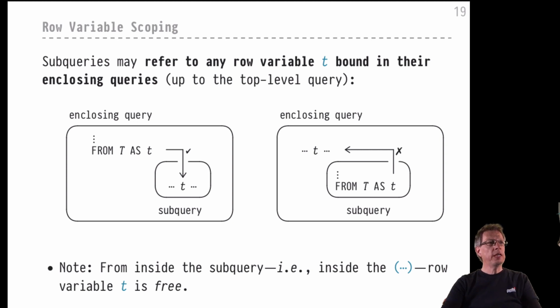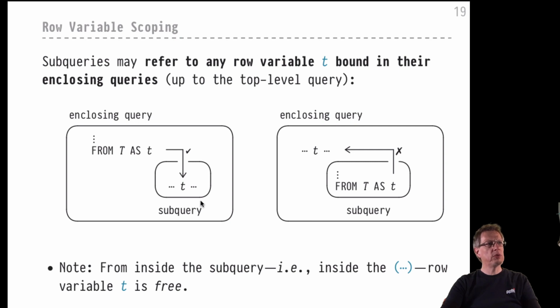Well, any row variable bound in the enclosing query, for example, in the from clause. From clauses are where row variables are introduced. This row variable t is bound to the rows of t. Any subquery that is nested inside this enclosing query will see the row variable t.